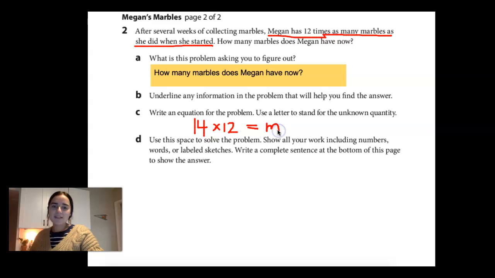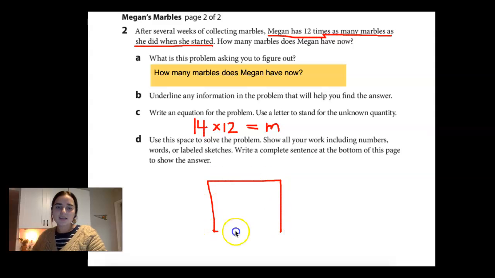All right, now I'm going to set up your array down here. I'm going to give you a little tip. When you are doing a problem that you've already worked on kind of the same thing, we already found out some information about how many marbles that Patrick had. So let's use that information that we already know. So I'm going to set up our array just like we did on the other page.